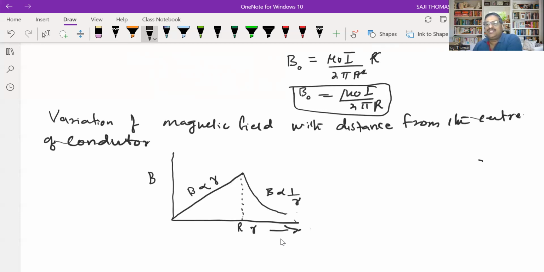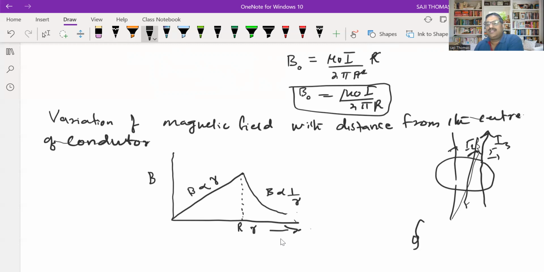You can see many currents passing through it, I1, I2, I3, etc. So closed integral B dot dl equals mu 0 times I, where I is the total current. Remember this.